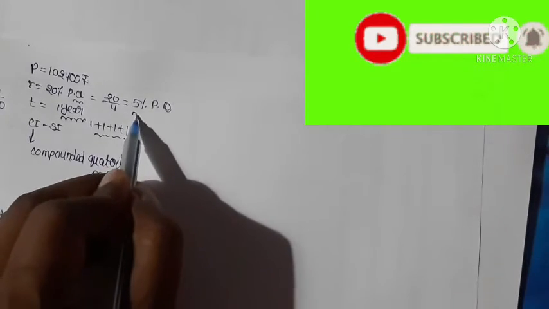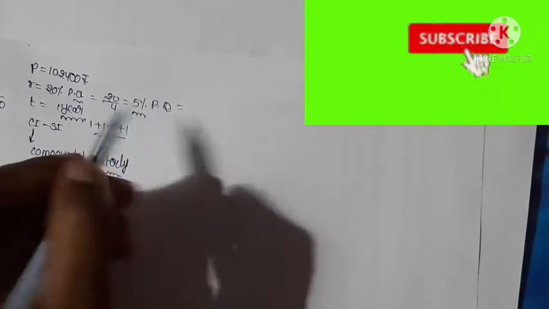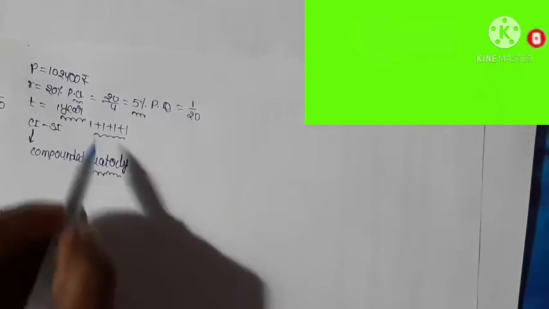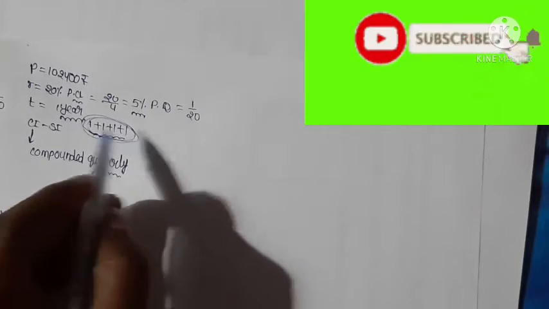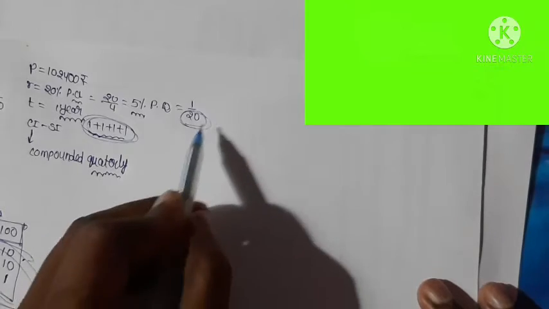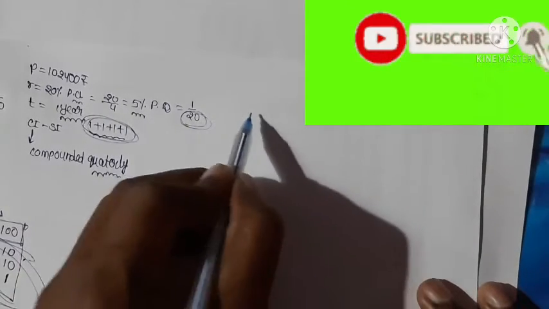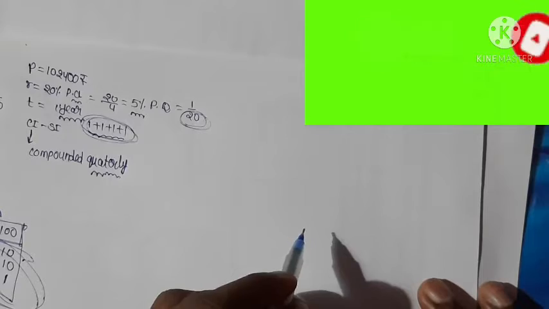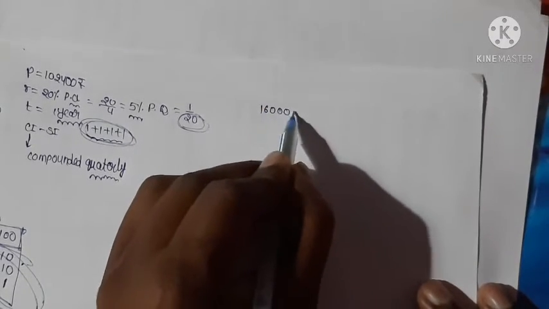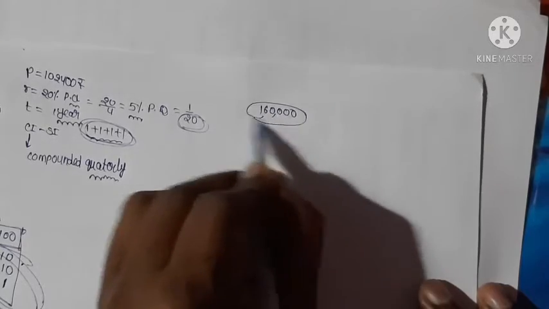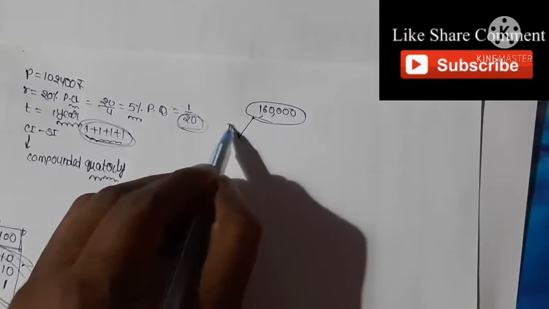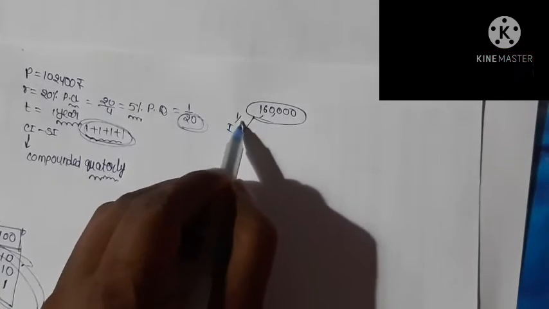The rate of interest 5% can be written in the form of 1 by 20, and time is 4 years. So you have to take the principal as 20 power 4, that value is 1,60,000. First year the rate of interest is 1 by 20.